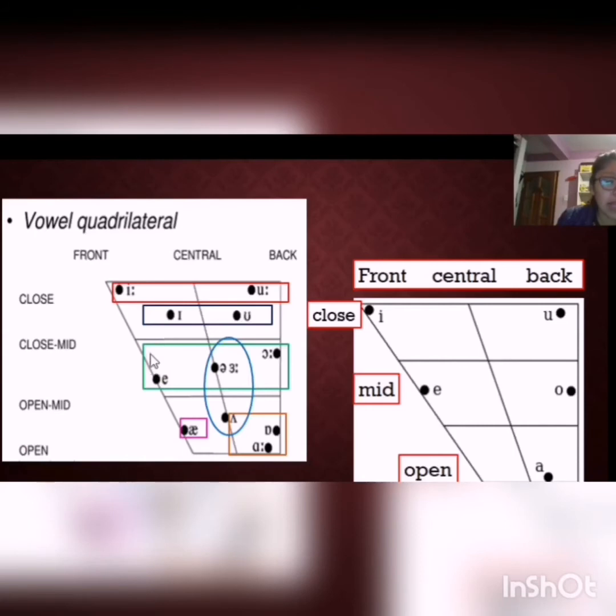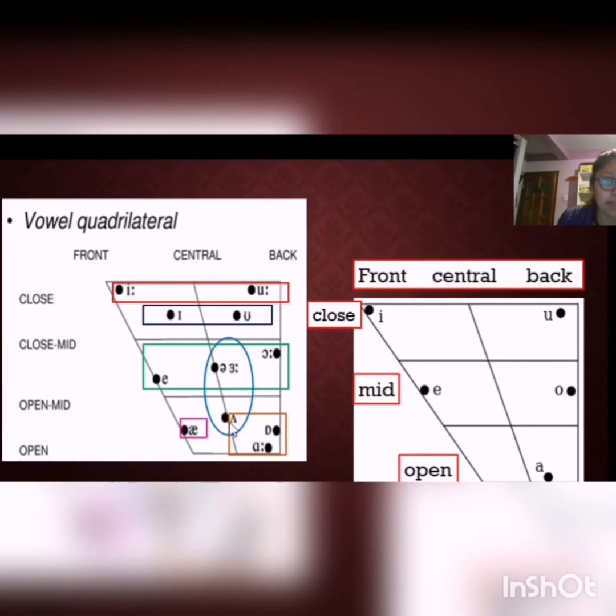Now we have these other vowels that are open mid or half open vowels. Then we have this vowel, the a, that is open and front.